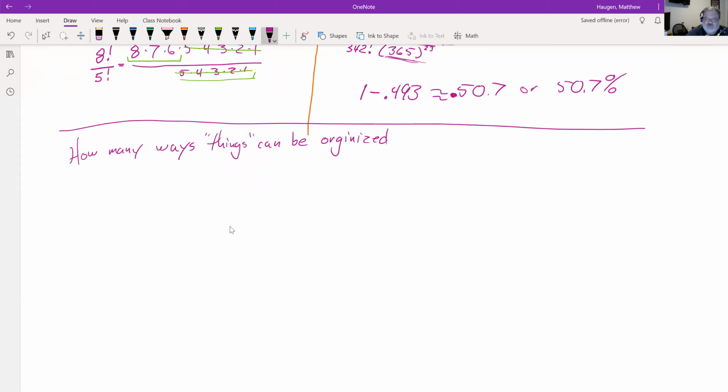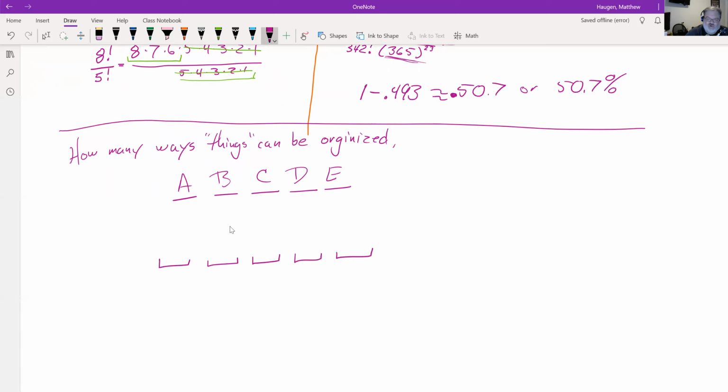And why organized? Well, organizing data, organizing information is one of the things that we're working on here. So if I have, say, 1, 2, 3, 4, 5 different objects here, an A, B, C, D, and E, and I want to arrange those 5 objects in 1, 2, 3, 4, 5 different baskets.